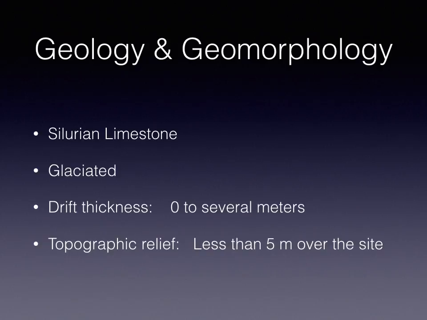So this limestone, the situation is this: we have this limestone island that during the Ice Age was overridden by an ice sheet, and at the end of the Ice Age, the ice sheets began to retreat. We're far enough north that this place wasn't ice-free until around 6,000 years ago. At that time, when the ice sheets fell back, they dropped a lot of debris.